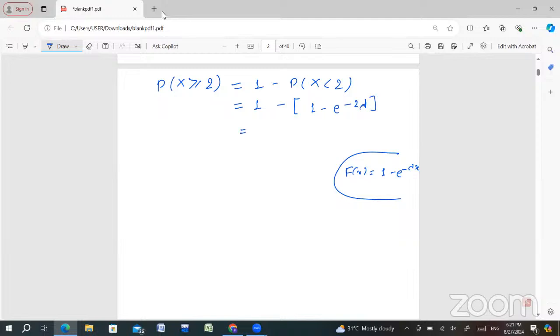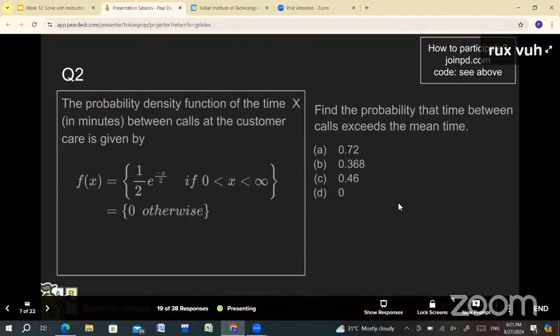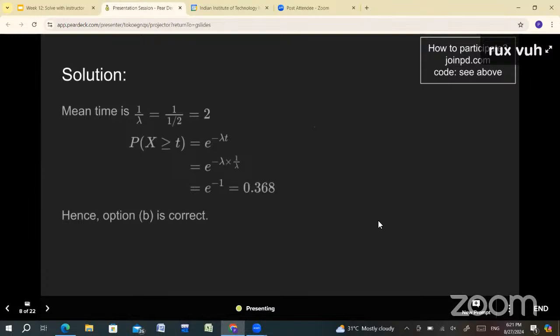So it will be e to the power minus 2 lambda. Now you have to put the value of lambda, which is 1 by 2, so it will be e to the power minus 1. If you calculate it, you will get 0.368. This is the correct answer. Any doubt in this question? No, ma'am. Thank you.